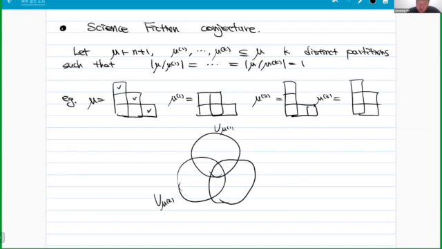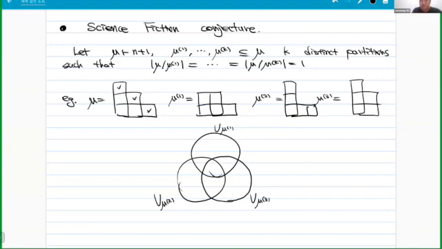A removable corner is a cell such that if you remove that cell, it is still a partition. So you cannot remove this one. Thank you for the question.